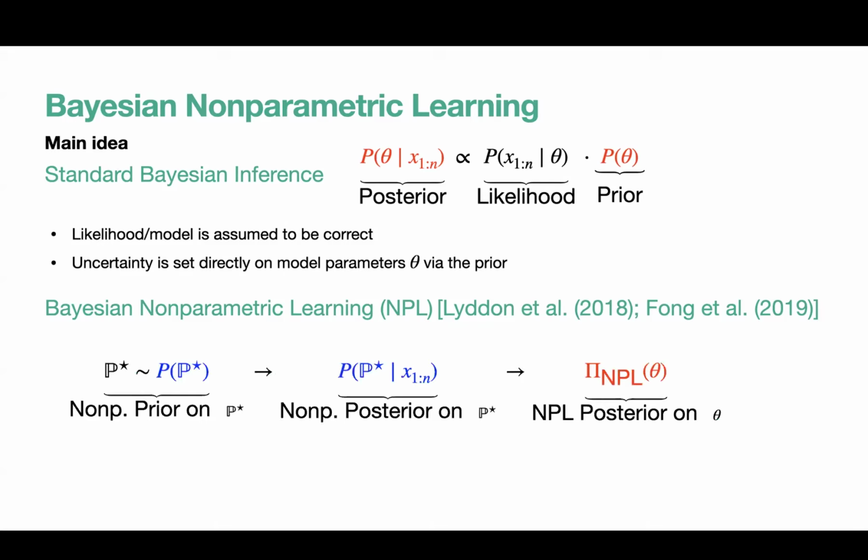The main idea is that we see uncertainty as specifically not knowing P star exactly. We don't see uncertainty simply as not knowing theta, but view all of our Bayesian uncertainty as a result of not having infinite data, in which case we would be able to recover P star exactly, but only having finite data and hence having uncertainty on P star.